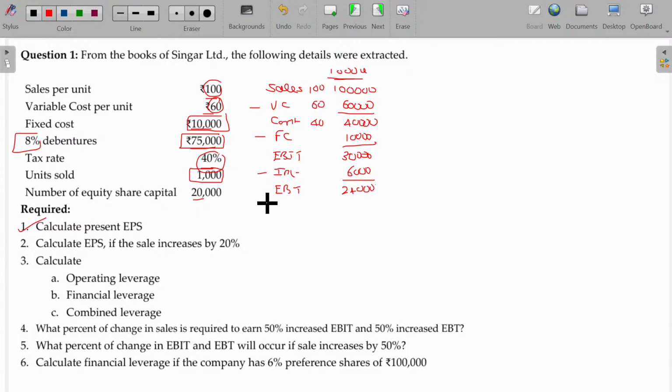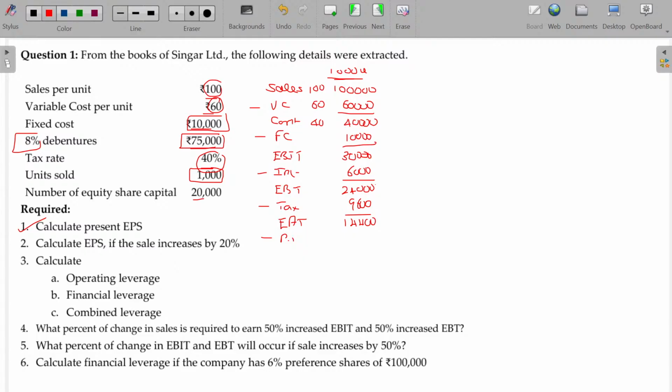And the tax rate applicable for this company being 40%. Do we have any preference dividend? We don't have the preference dividend. Tax at 40% being how much? 9,600. Then I'll get EAT in this case being 14,400.